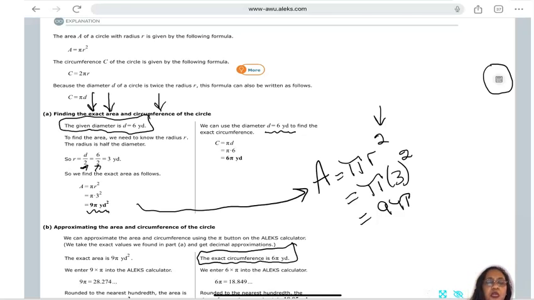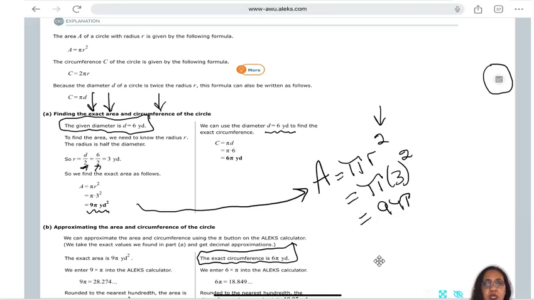But in the approximation, it says that you're going to round to the nearest hundredth. So you have to be mindful when you get the approximation that you are going to get a decimal. So you multiply 9 times the symbol pi, and I believe that's in the calculator, or you could use a scientific calculator.